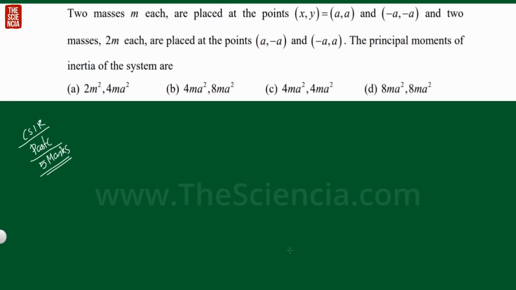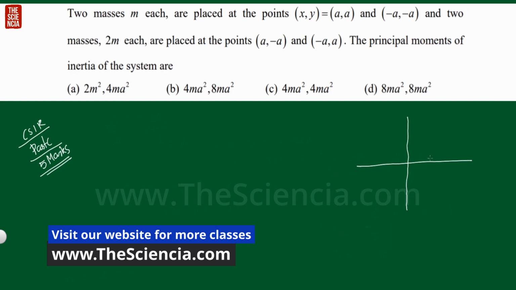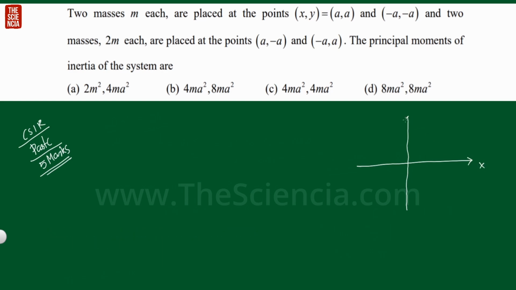Okay. Now I am going to solve this problem in 2-3 steps. I am considering this problem in a graphical way. So I have a coordinate system, in a 2D plane. I am taking this as the x coordinate and this as my y coordinate, right?